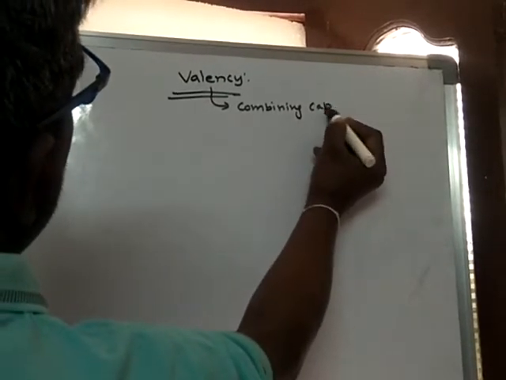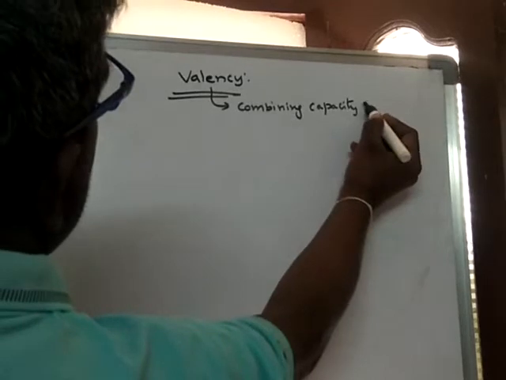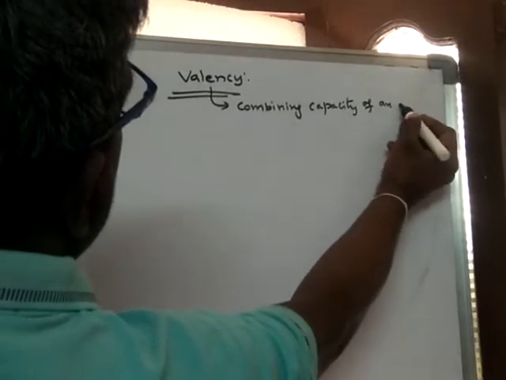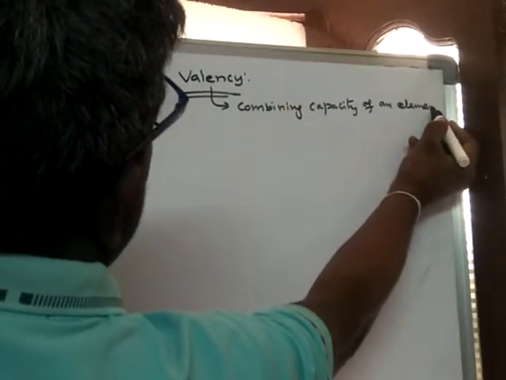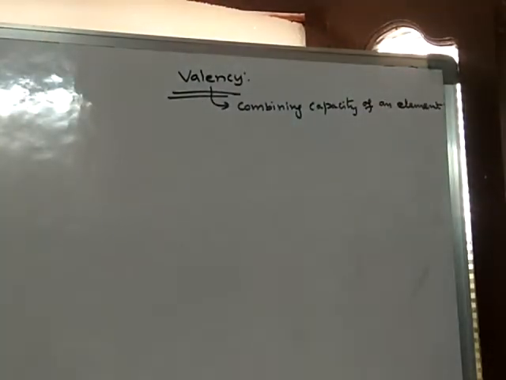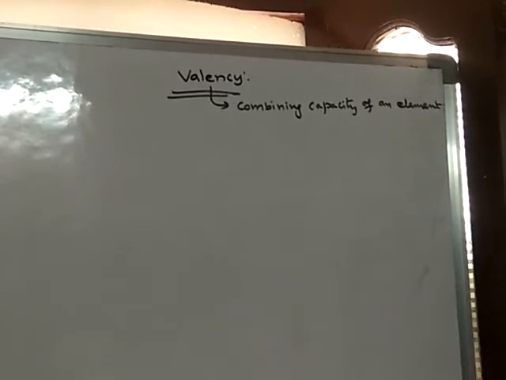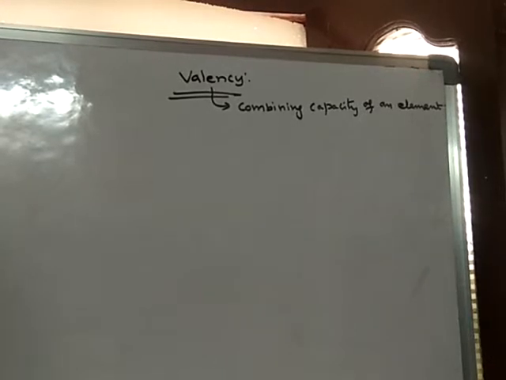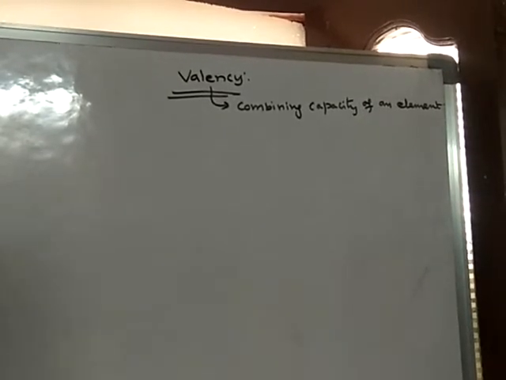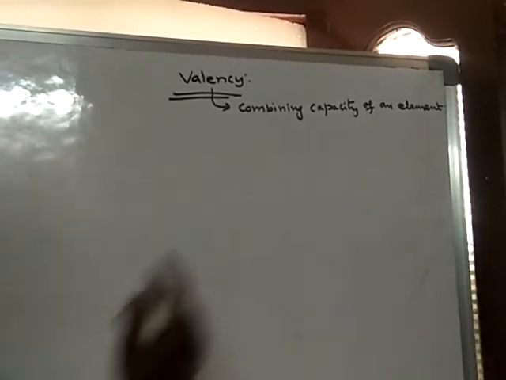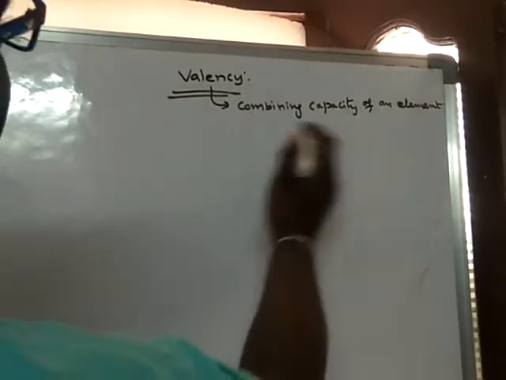The combining capacity of an element is said to be valency.